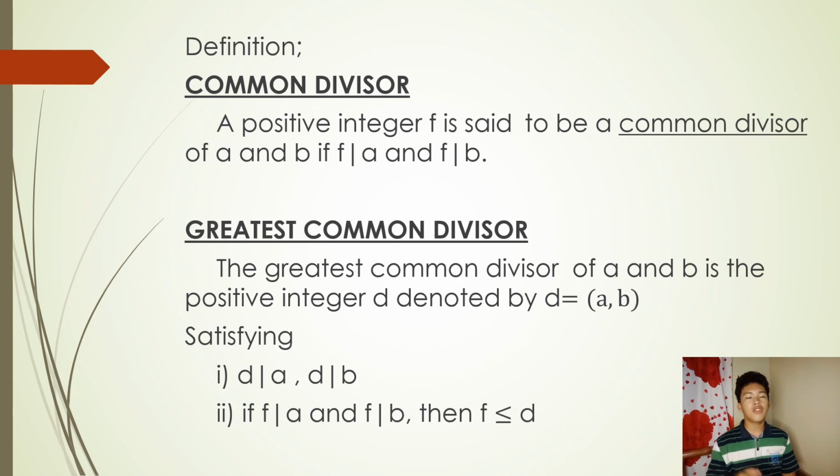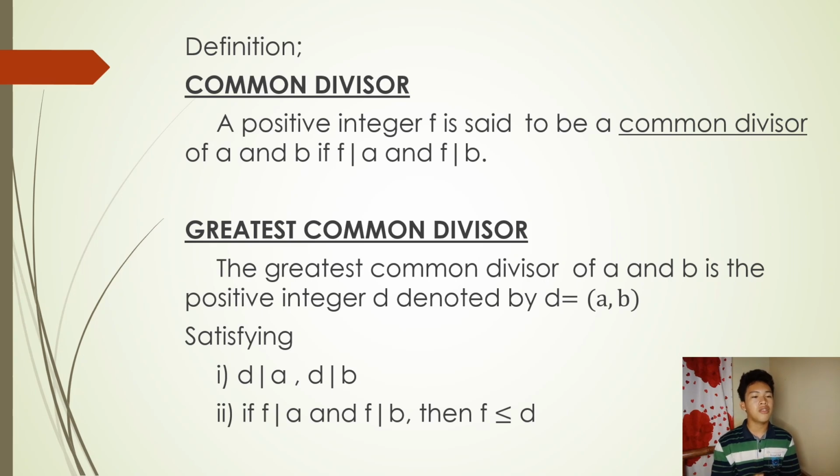The definition of common divisor: a positive integer f is said to be a common divisor of a and b if and only if f divides a and f divides b.